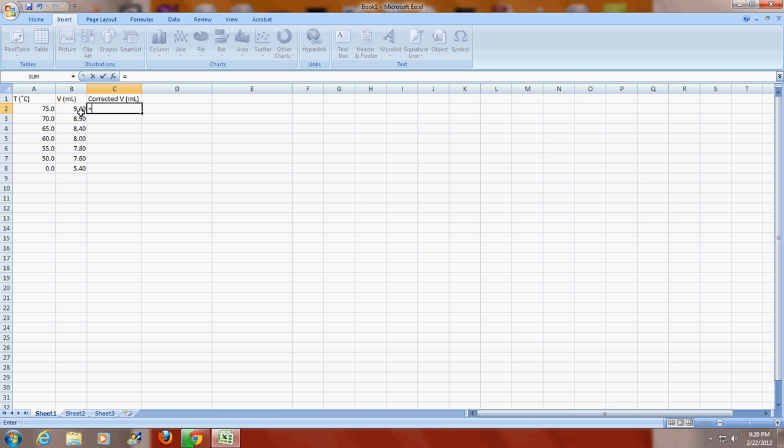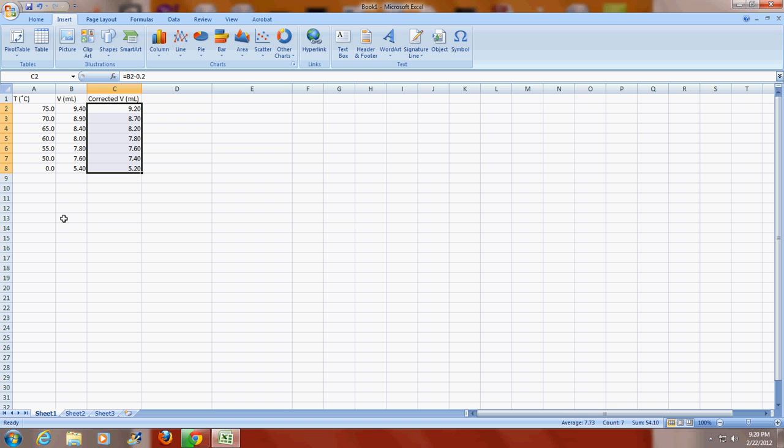Okay, so I want it to do a calculation. I click on the volume, I'm going to subtract 0.2, and I'm going to copy that function down, and it does it for me automatically.